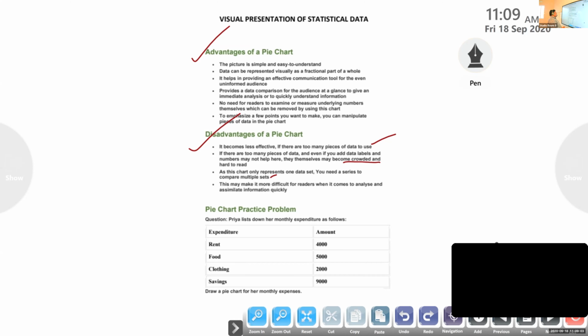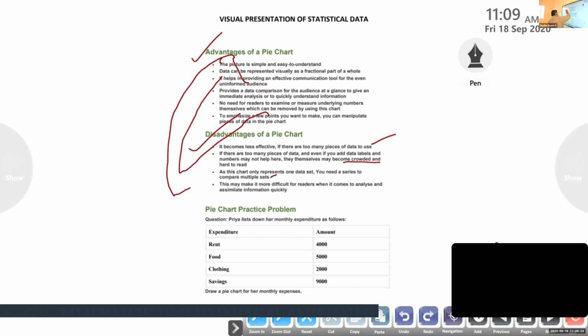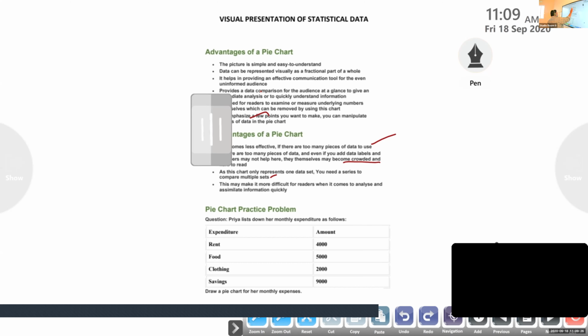This may make it more difficult for readers to analyze and assimilate information quickly. So it will create a problem for readers to understand and reach a conclusion quickly, because a number of pie charts are required to present different sets of data. So these are the two questions related with the pie chart: advantages of a pie chart and disadvantages of a pie chart.